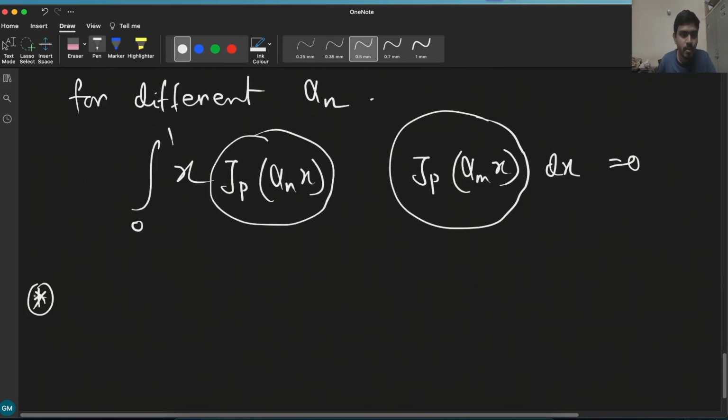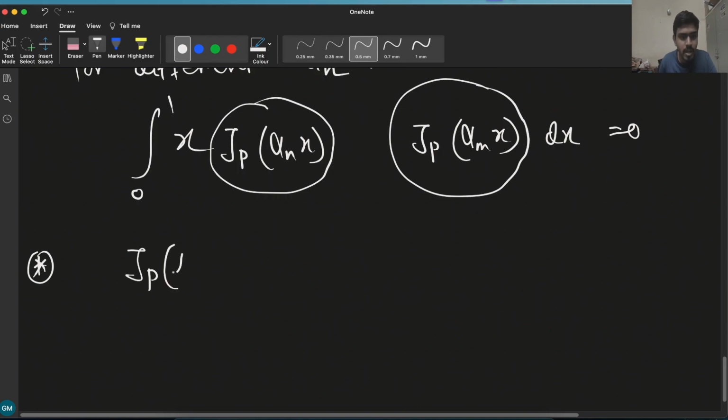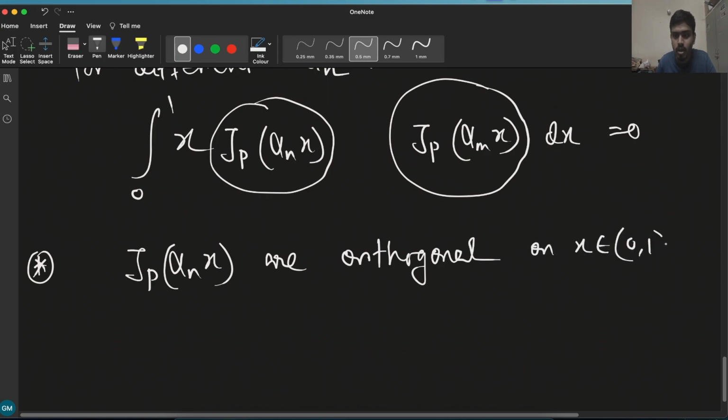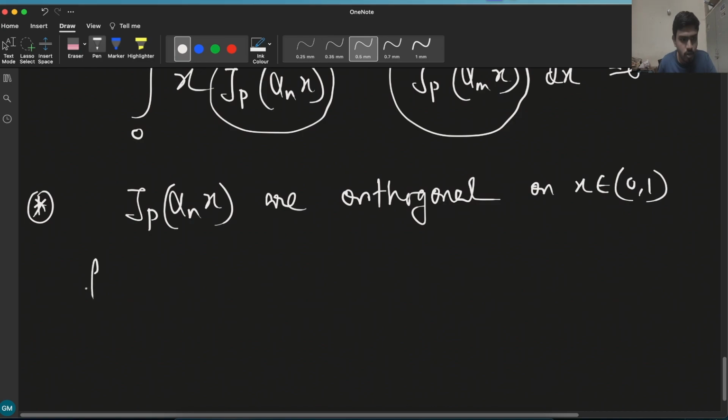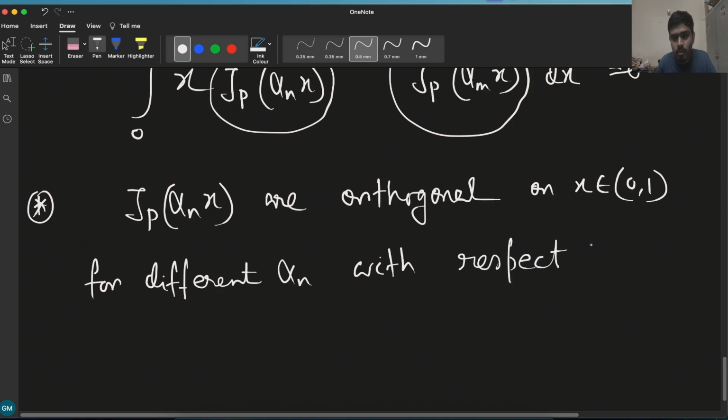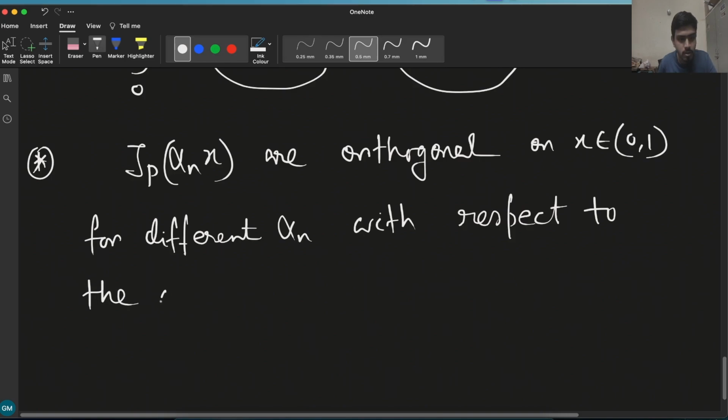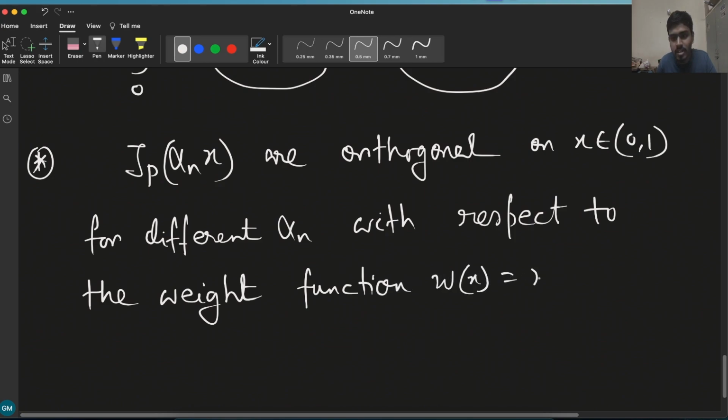Another statement might be that Jp(alpha n x) are orthogonal on x belongs to 0 to 1 for different alpha n with respect to the weight function w(x) equals x.